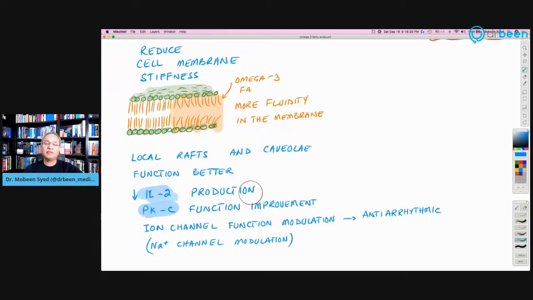So think about the cell membrane as an ocean, and the surface of the ocean is the surface of the cell membrane. And there are ships in it, and there are boats in it, and there are other things floating around. Those floating things, the ships and boats, are proteins in the cell membrane, and they need to do their function. And for that function, they need to be able to move around and swim to other parts of the cell membrane and do their function.